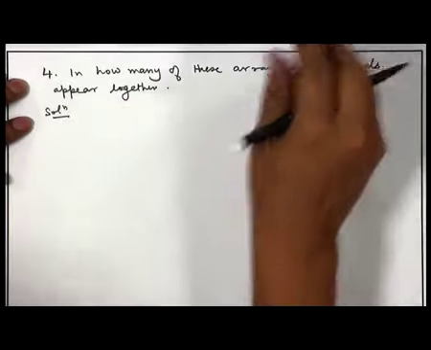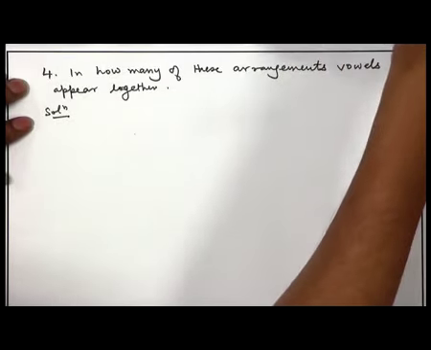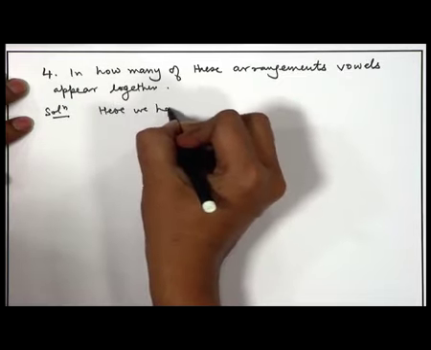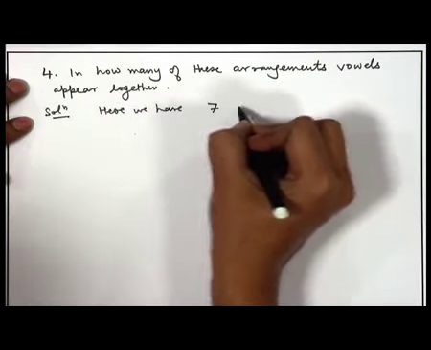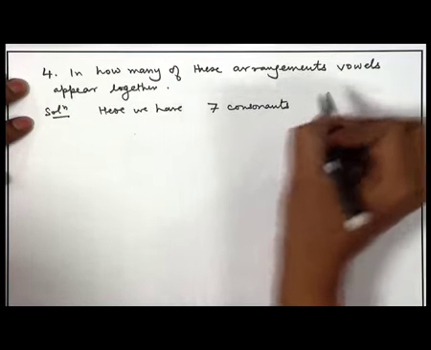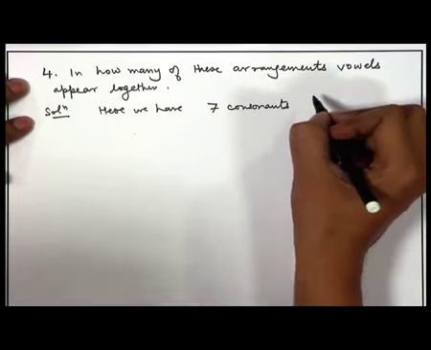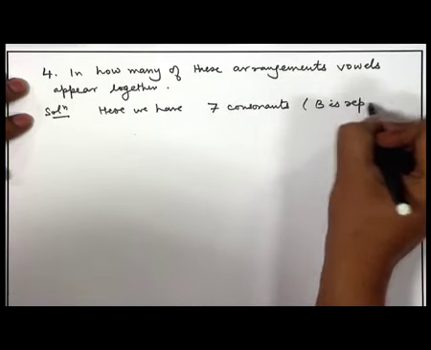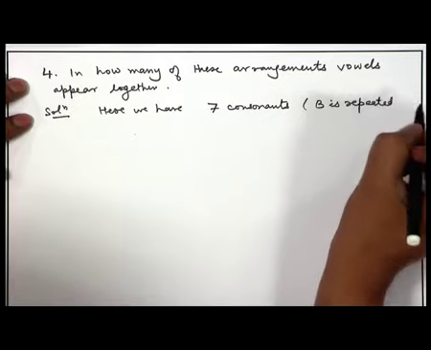So, let us look at this. Here we have seven consonants in which B is repeated twice.